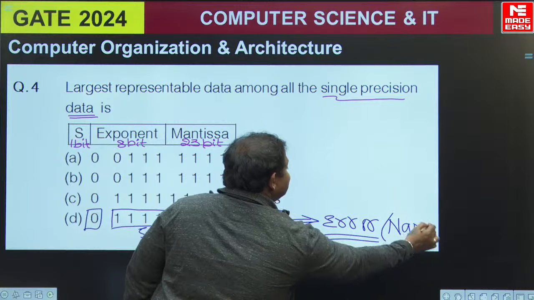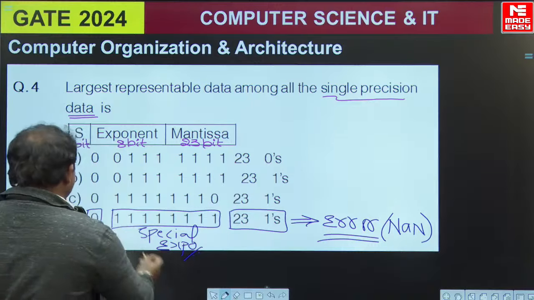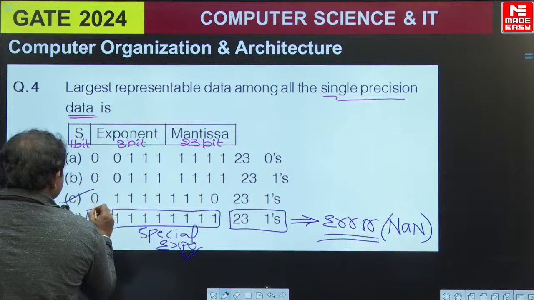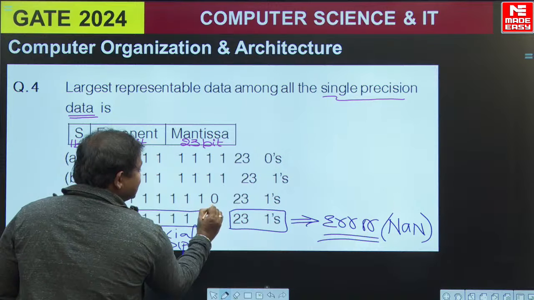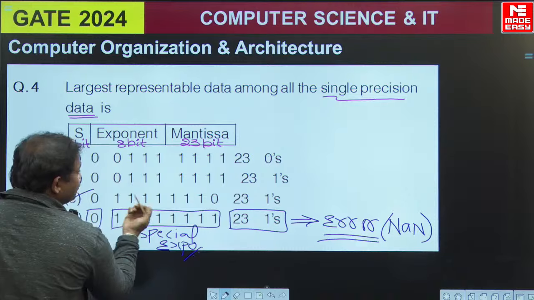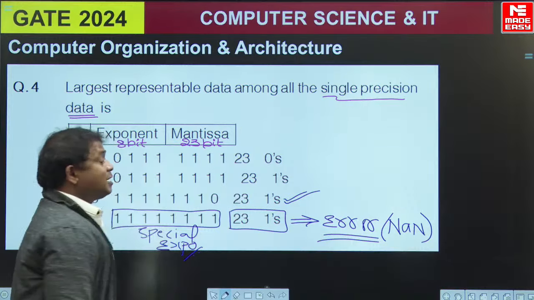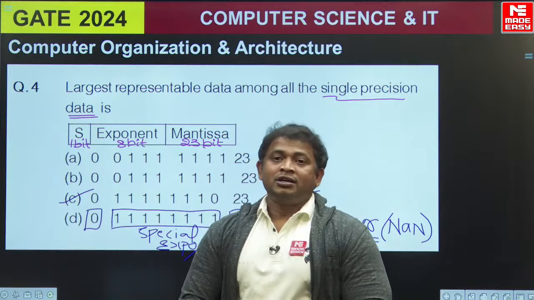Then what is the largest data possible? The next largest exponent. You see the C option, sign is 0, the next largest exponent is this, LSB bit is 0, remaining all are ones, mantissa all ones. This is the largest representable data in the floating point format.